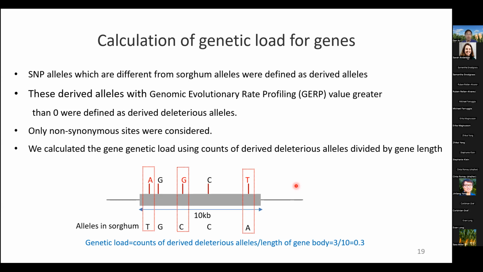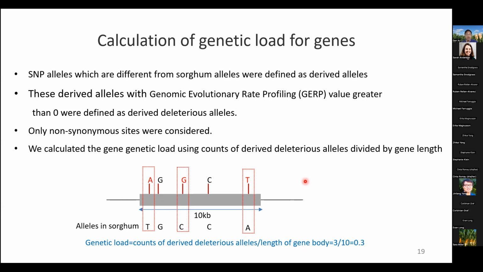So we want to ask whether the F1s, if they show higher heterosis, have a higher genetic load in their genes for our expression heterosis trait.